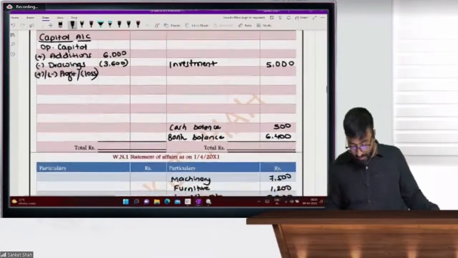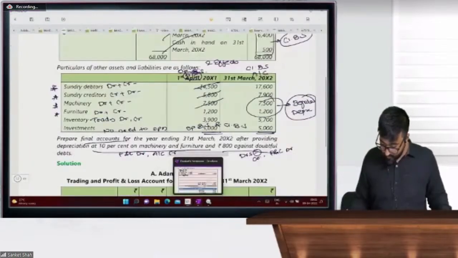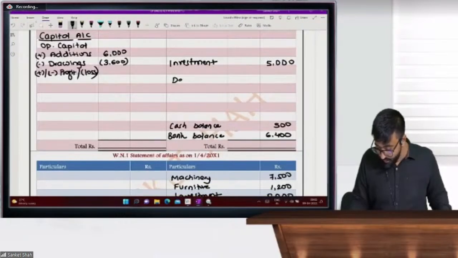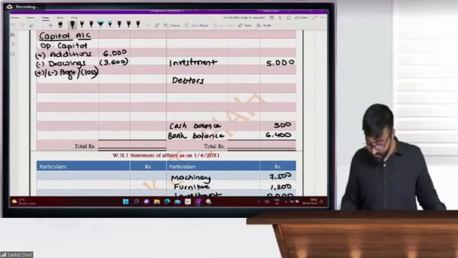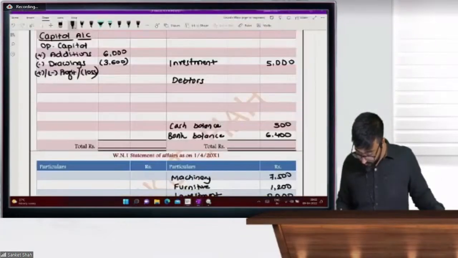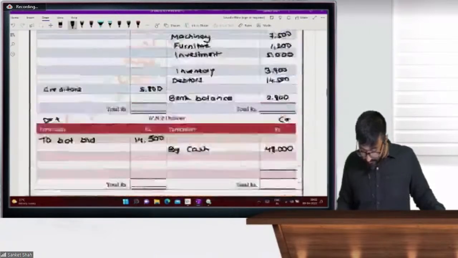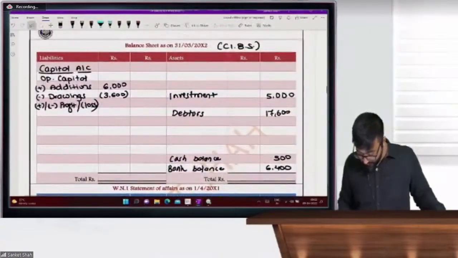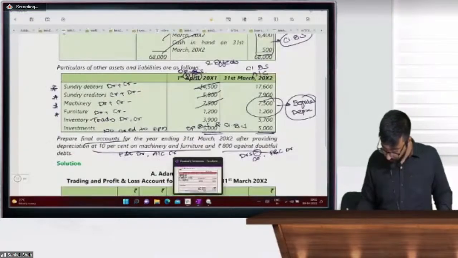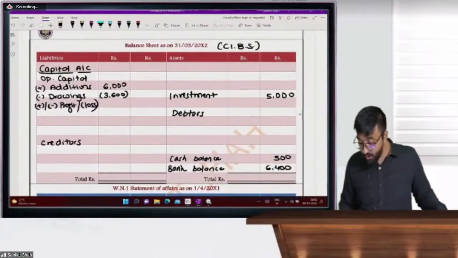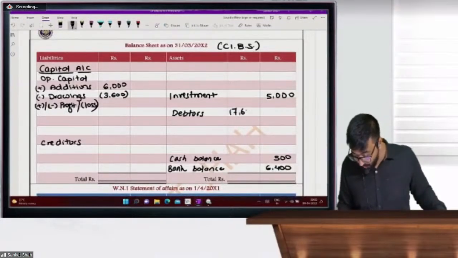Now closing balances. Sundry debtors, write down in the closing balance sheet. Debtors, how much? 17,600. Next, creditors, how much? Inner column, yes, RDD, very good observation.